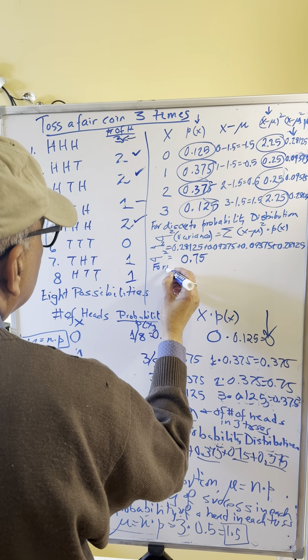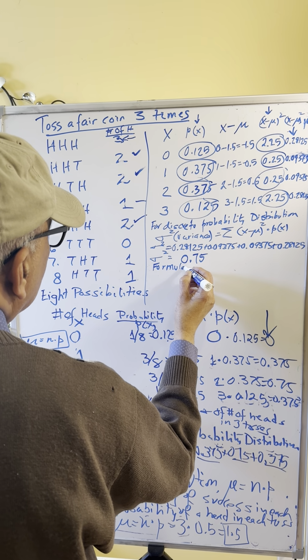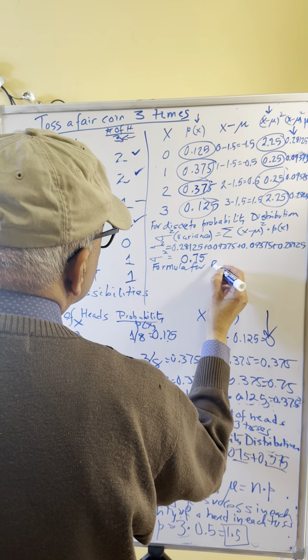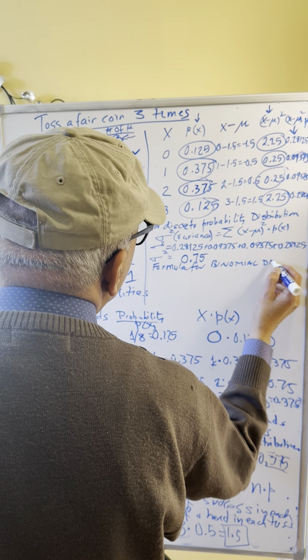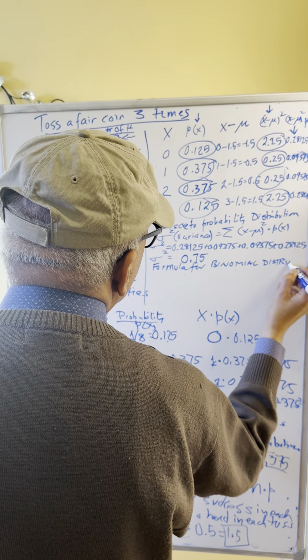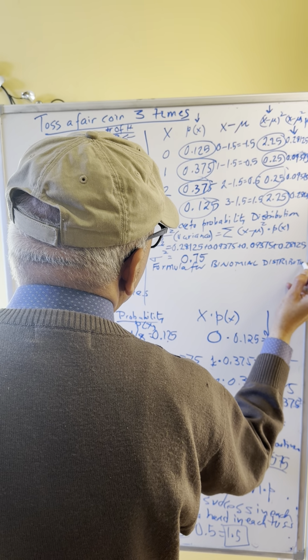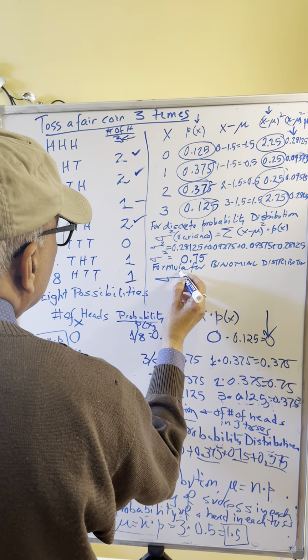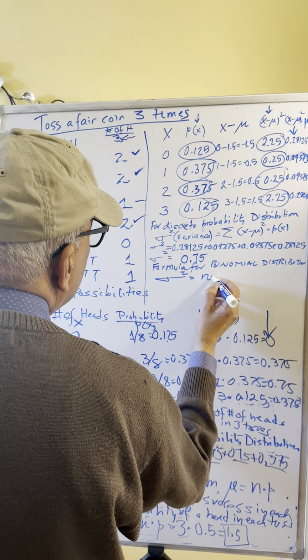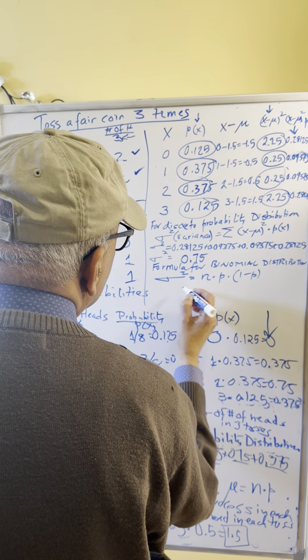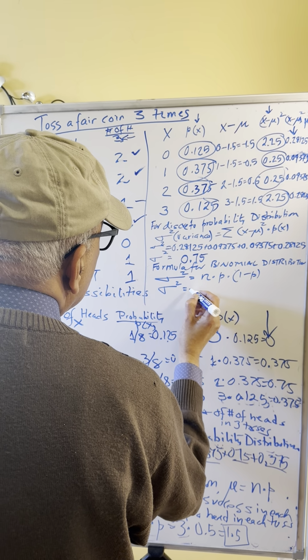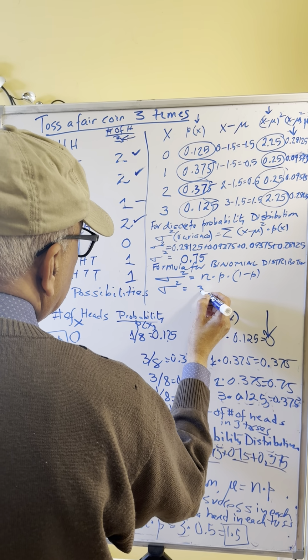The formula for the binomial distribution, which is true in our case: sigma square is equal to n times p times 1 minus p. So sigma square, we are tossing the coin 3 times.